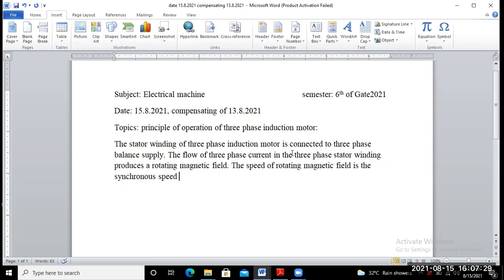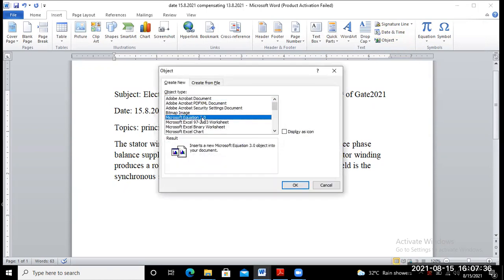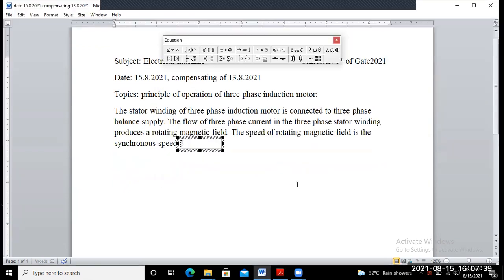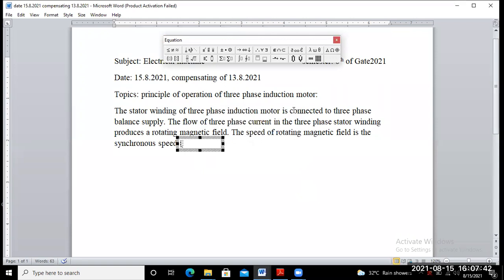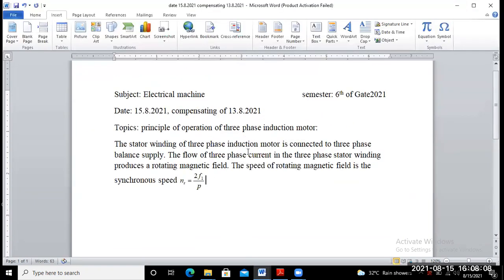So the synchronous speed in revolutions per second is represented by ns equal to 2f1 by p.